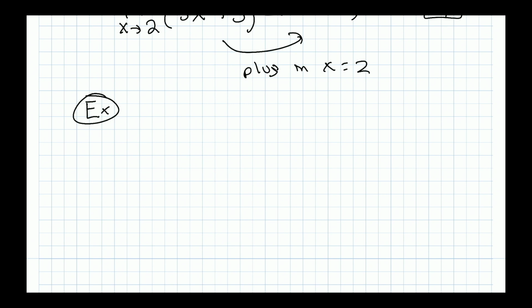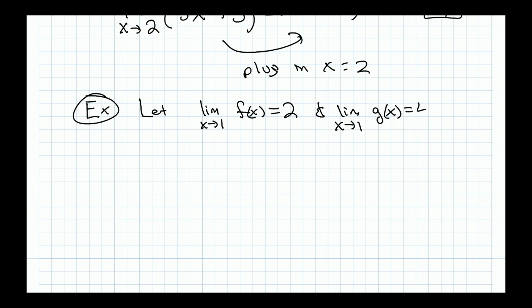Here's another way to use these properties. They'll tell you a limit like this, and they'll tell you another limit. And then they'll ask you for something like this.